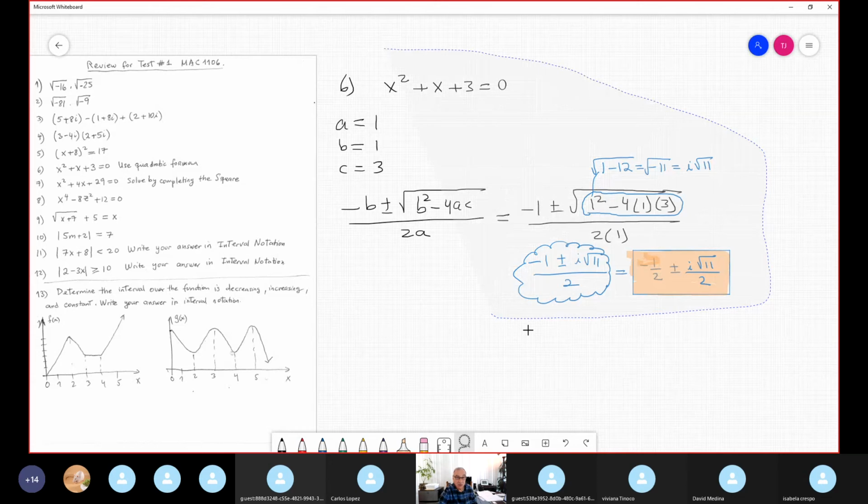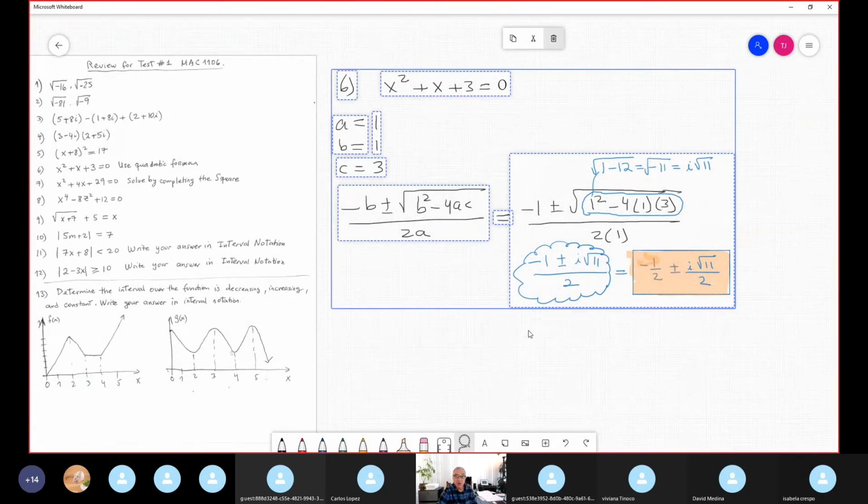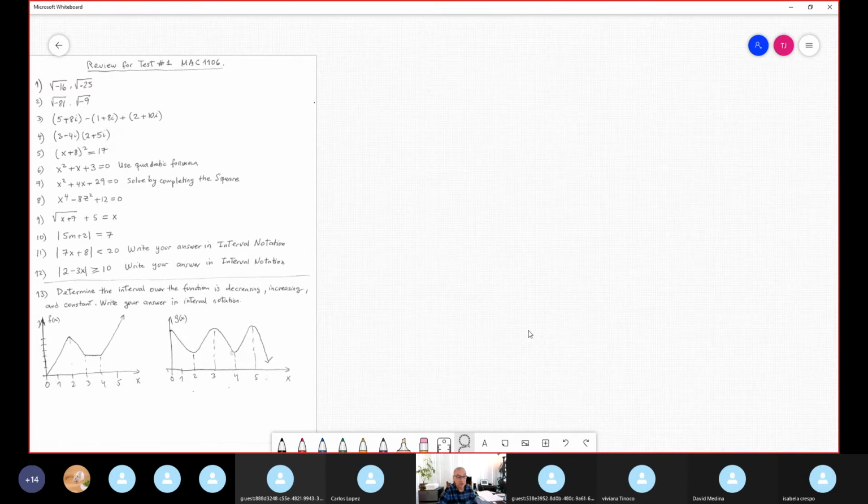So if you do number 7 using the quadratic formula, similar to question 6, you get no credit because it's clear the message here: solve by completing the square. So you need to practice completing the square a little bit. 7 is x squared plus 4x plus 29 equals 0.